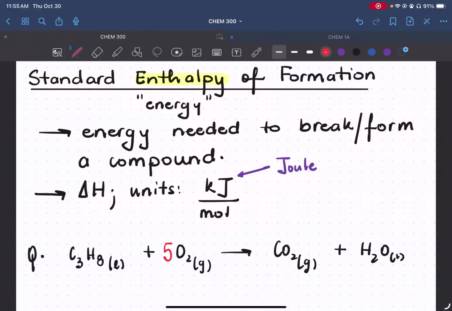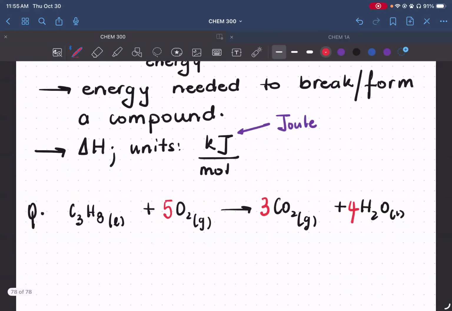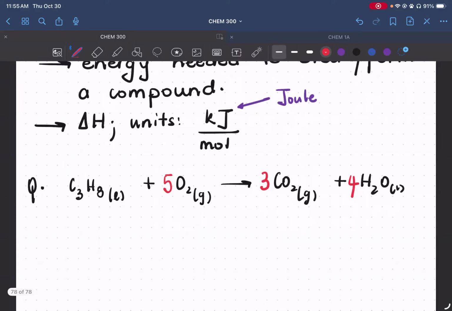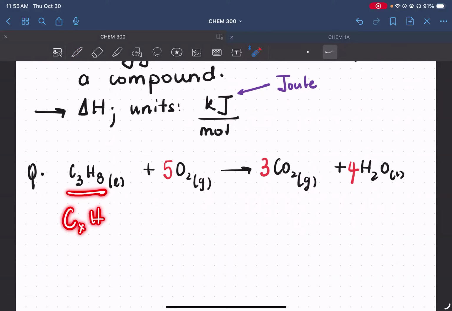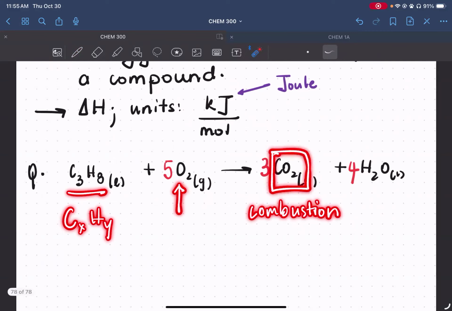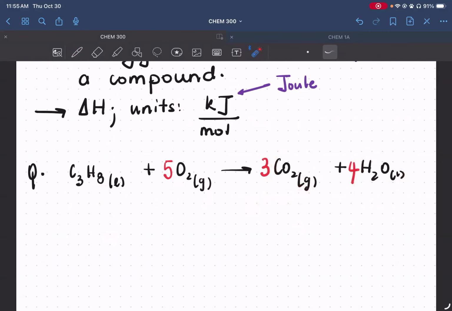If we balance it, we just put a 5 there, a 3 there, and a 4 here. Many of us should recognize this reaction archetype. This is, of course, the reaction between a hydrocarbon and oxygen. This is a combustion equation. In a combustion equation, the products will always be carbon dioxide and water. Identifying that in this context doesn't quite help you for the question, but it provides some context.